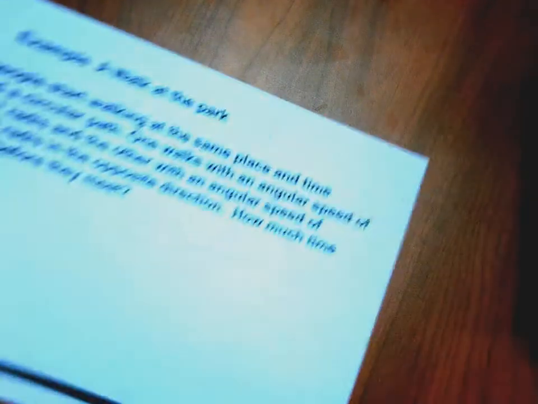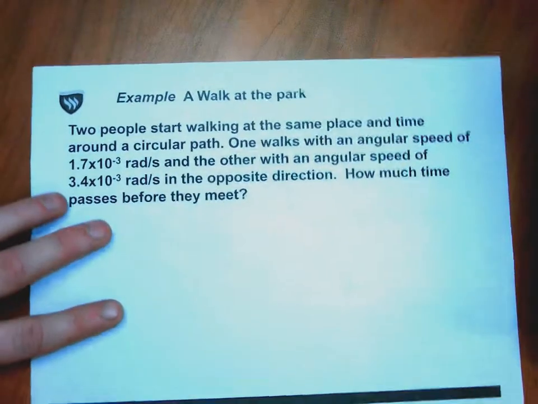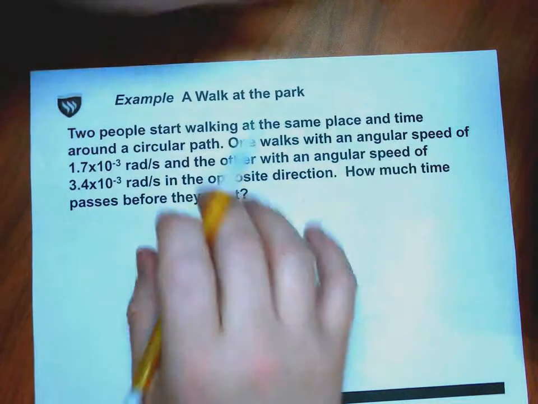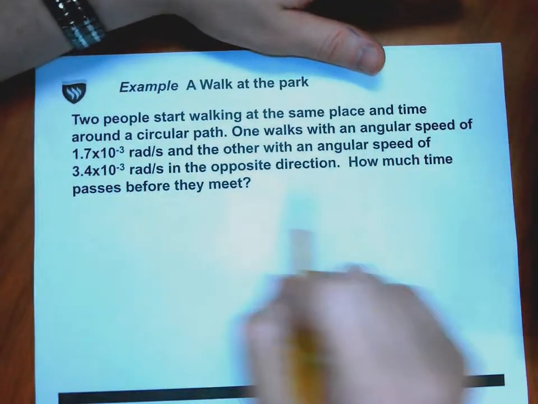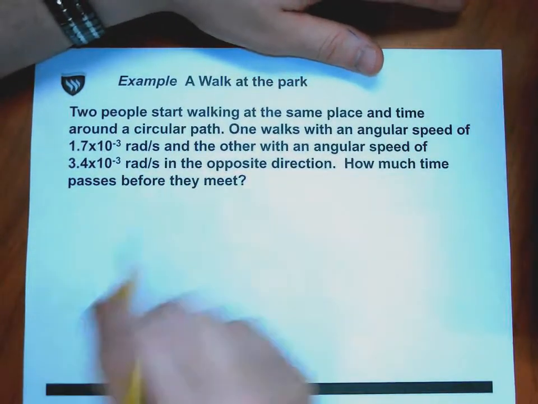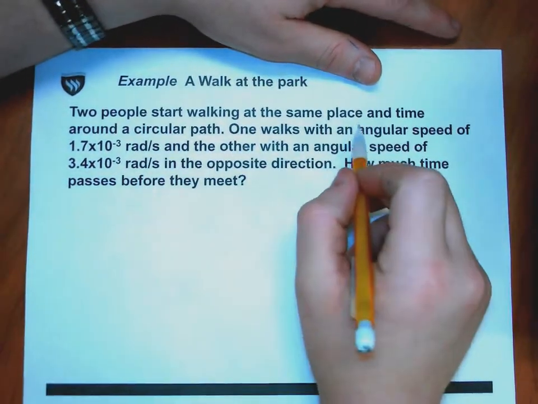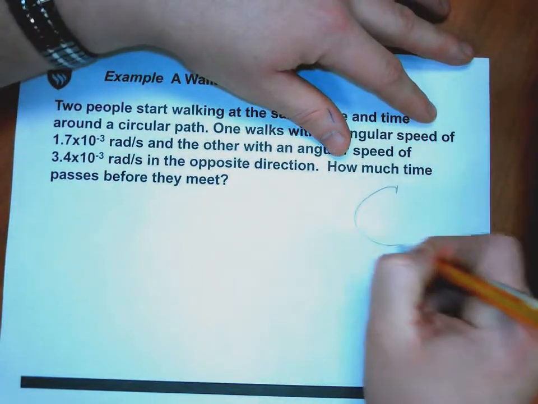All right, our next problem is literally a walk in the park, for those of you that like puns. I really like this problem because it makes you be a little bit creative and think a little bit. So you've got two people that are walking around the same circular path. So let's draw the circular path.